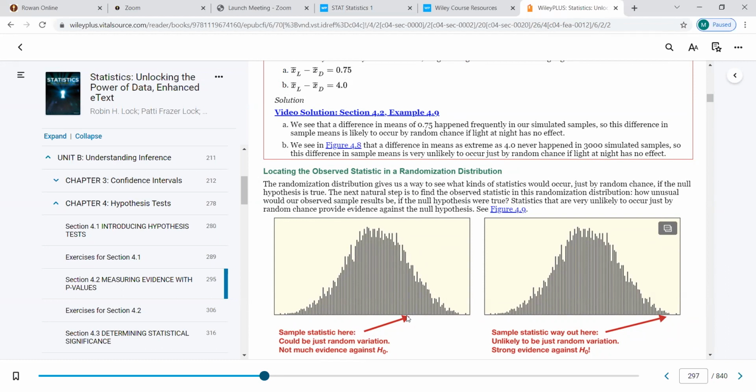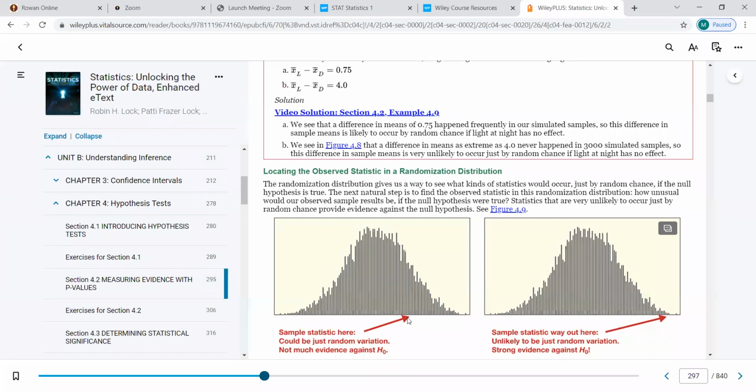If I assume that the population has a mean difference of 0, could we get a sample with a difference of means of 0.75? You can just answer yes or no. Is 0.75 something that could happen with just normal sampling variability? Yeah, it looks pretty reasonable that you could get 0.75.